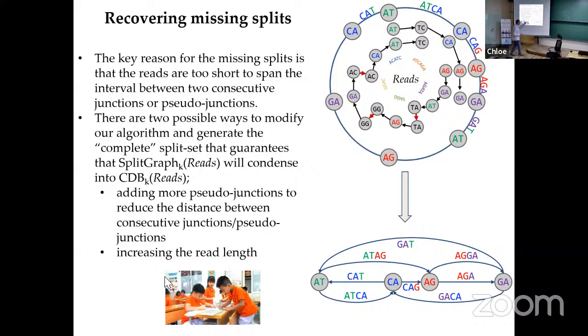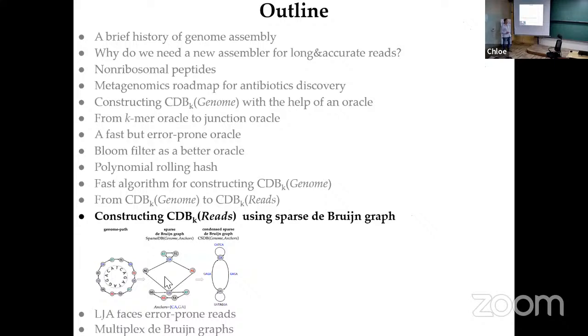Well, maybe we can pre-assemble existing reads into longer reads. And then reads become so long that they cover the distance between every two consecutive junctions. We will try to explore this path. And this will require introducing the concept known as the sparse de Bruijn graph.